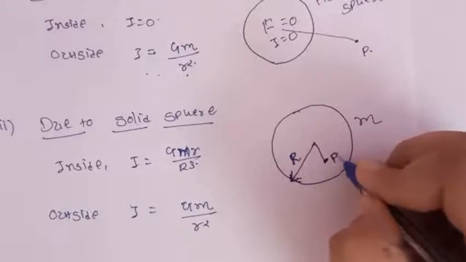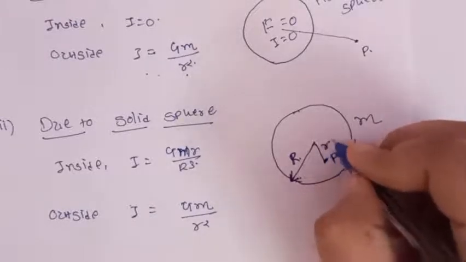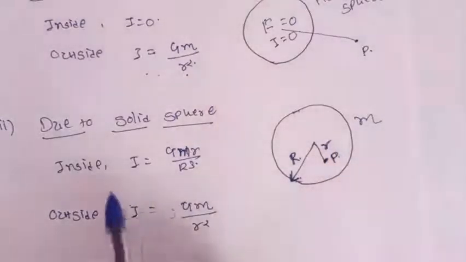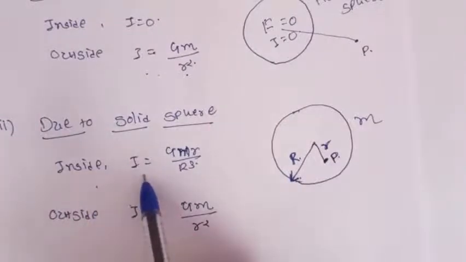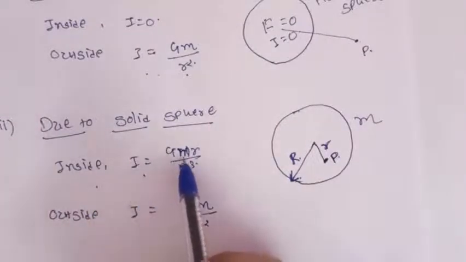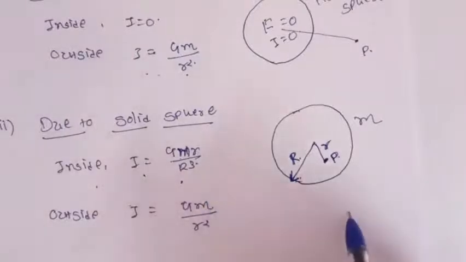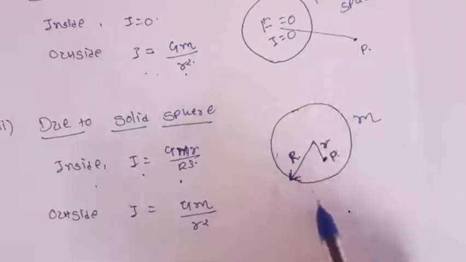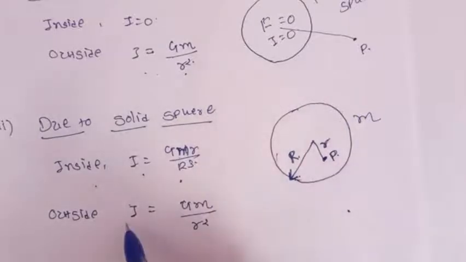Let's say it is point P and the distance from center is small r. So, for inside point, gravitational field intensity is given by GM into r upon R cube. For outside point, again it will behave as a point mass. So, the gravitational field will be GM upon r square.